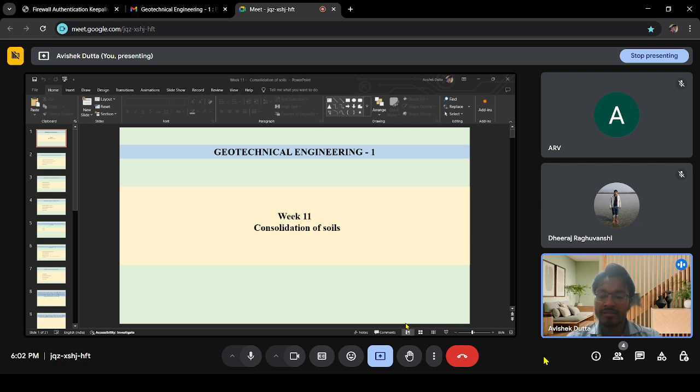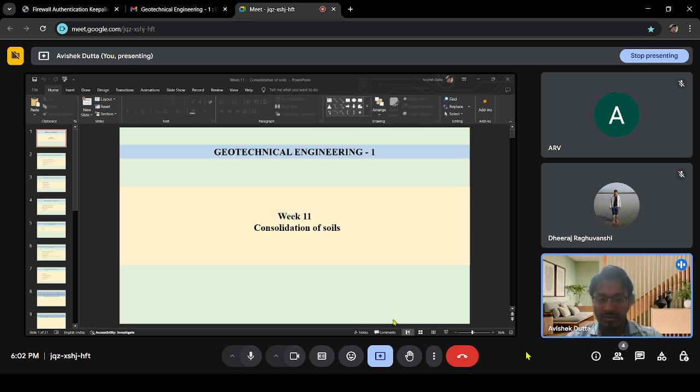In this session, there will be a basic introduction of consolidation, the parameters influencing the coefficient of consolidation, and some problems related to the degree of consolidation, time factor, and all these things.